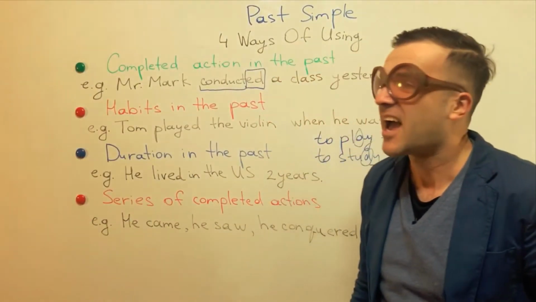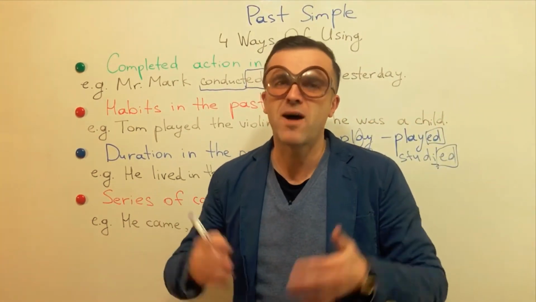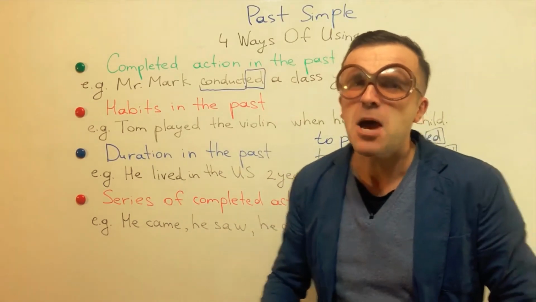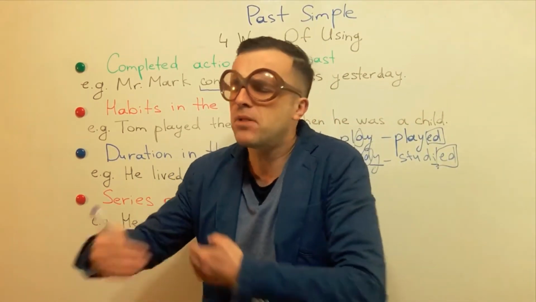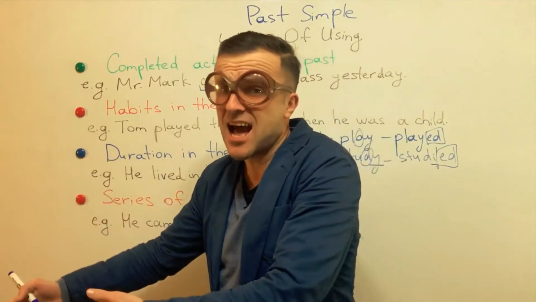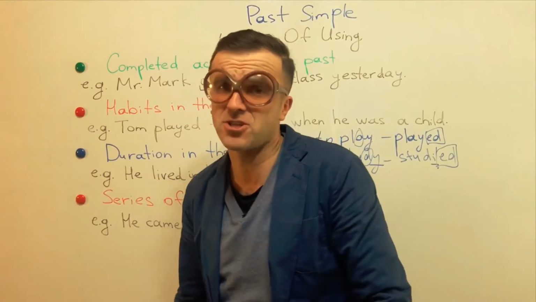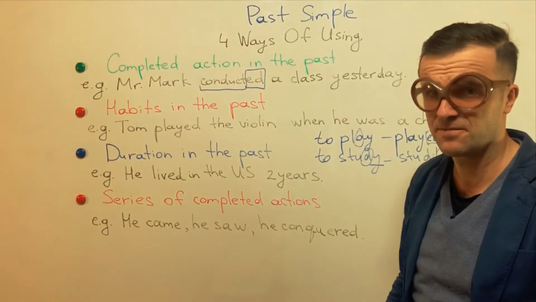Alright? Okay, so let's make up one more example. He played football when he was a student. So he played football on a regular basis when he studied at university. Okay? So, habits in the past.